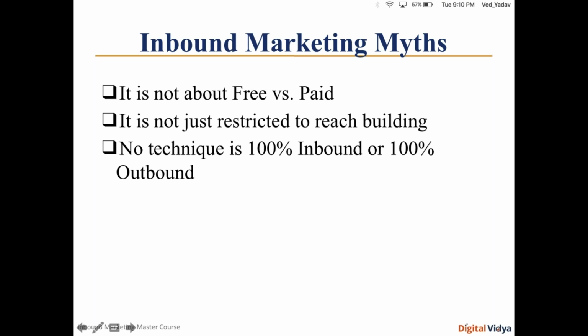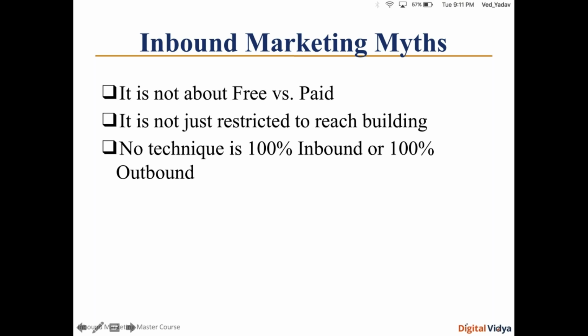Now, in case of outbound as well, typically outbound is when you're reaching out to mass audiences with a generic message. That's what you typically do with TV campaigns, radio campaigns, or newspaper ads. In case of outbound as well, there's a set of information that you have about which type of user watches which TV channels or which serials at what time, which profiles of users you will be able to reach out to.